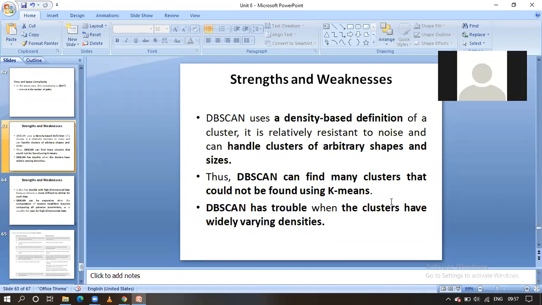Also, DBSCAN is able to form clusters with varying densities. That is also one of the advantages of DBSCAN.